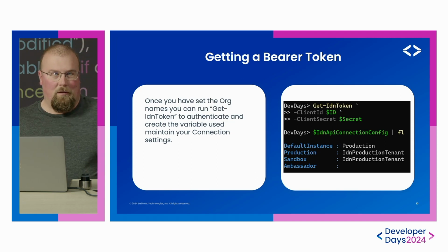But once you get that token, it will build that, again, what I'm just kind of calling the configuration variable, where it will store everything you need to know, and your tokens will refresh automatically. That was something that I took way too long to add.